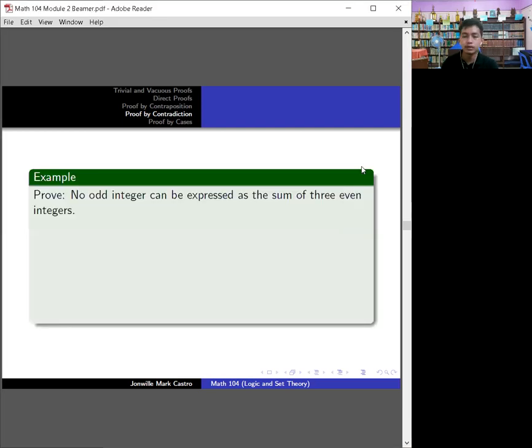Okay, example, prove that no odd integer can be expressed as the sum of three even integers. Sulat lang natin siya sa if then form niya. So if n is an odd integer, then n is not equal to x plus y plus z for some even integers x, y, and z.